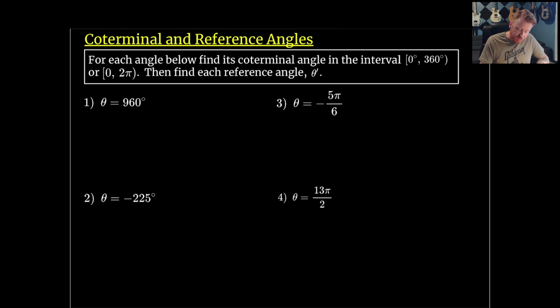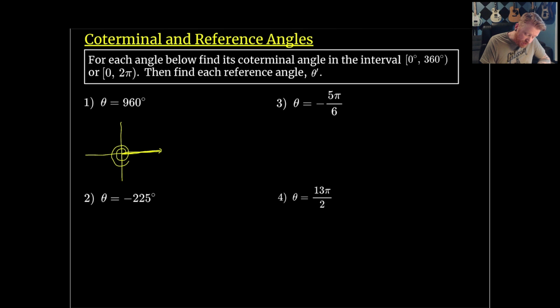Okay, so we have theta equals 960 degrees, which is way more than 360. So let's think about what's going on here. I'm just going to put some axes. We're going to start on our initial side, which is always the positive side of the x-axis, and we'll think about making some revolutions around. If I go around one time, that's 360 degrees.